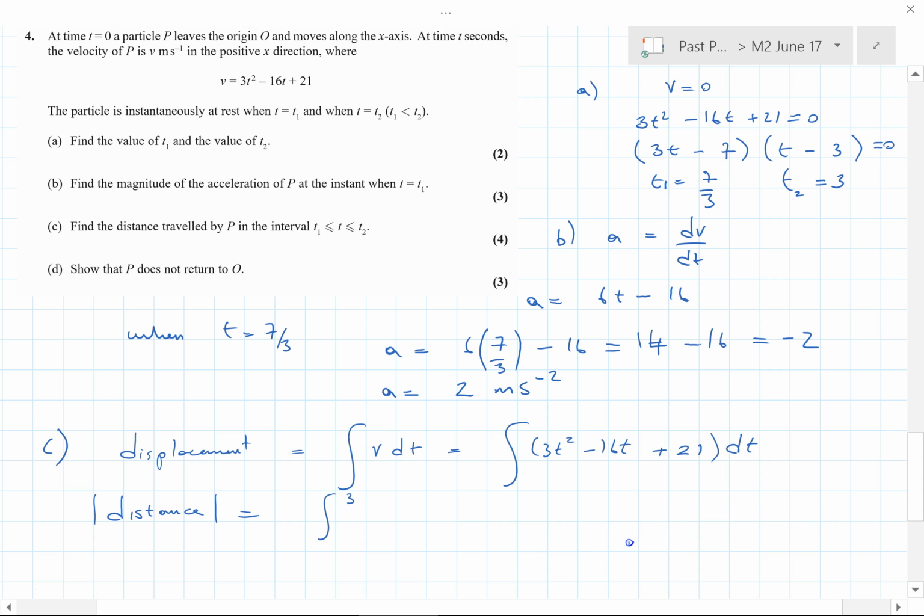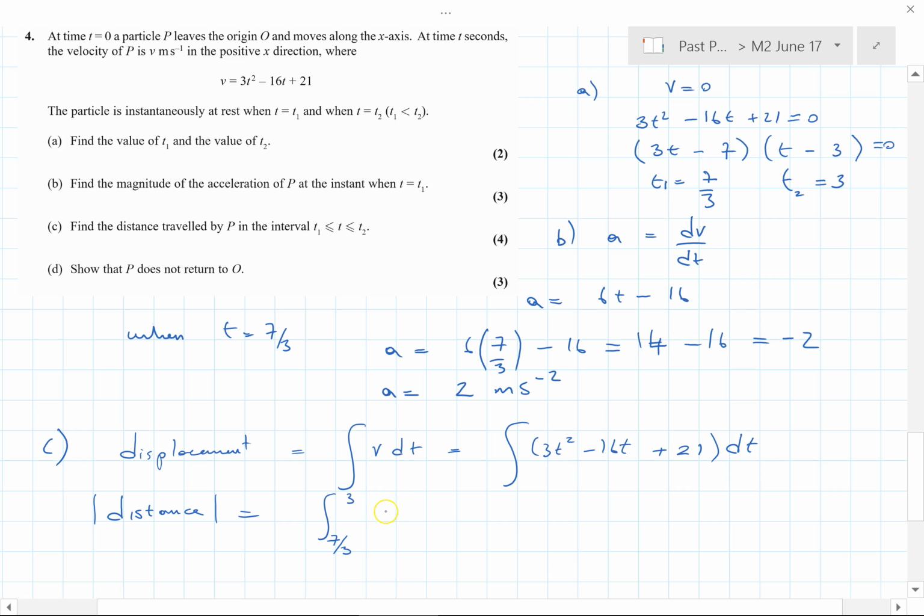But if it's going in the same direction, in this case I think it's going this way, with no change of direction, and we've got two different displacements, then of course the distance will be the difference between the two. So I'm going to put limits in, but do not think you can apply this in all cases, only because I know it's not changing direction.